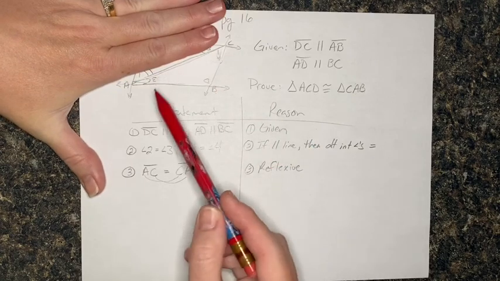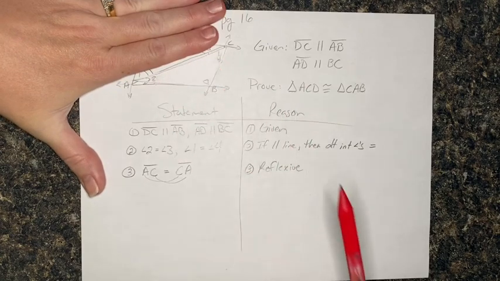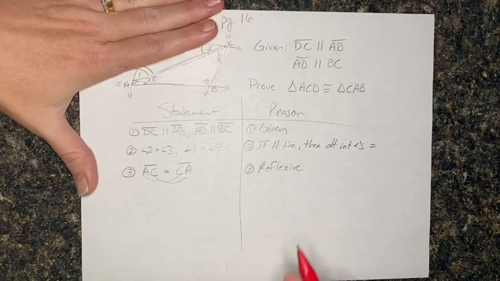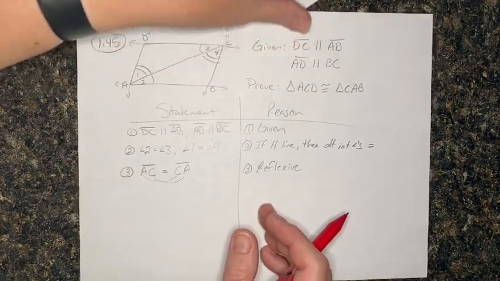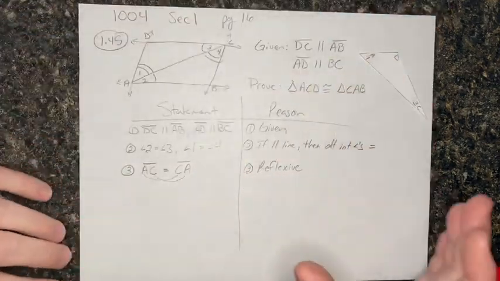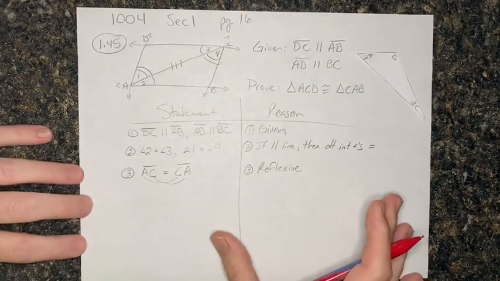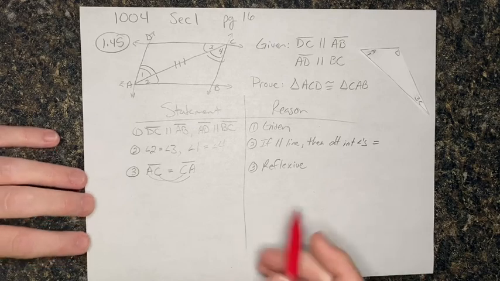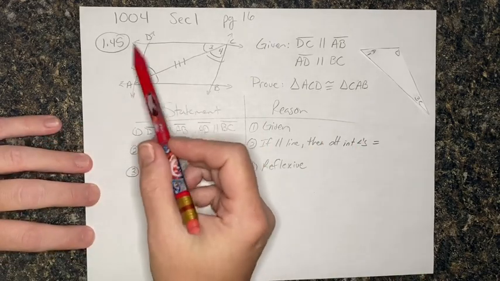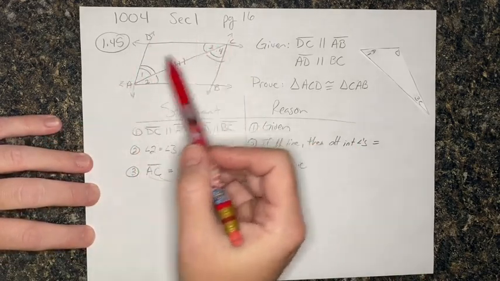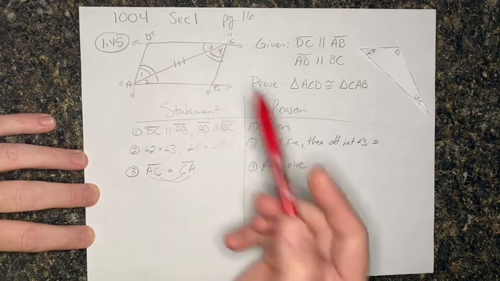AC corresponds with CA. Okay, it's very important. That's why I said if you need to cut out a drawing like I did, then by all means do so. All right, so I like to mark my reflexives with 3 lines. And there we go. We're walking around this triangle now, this upper portion. What do we have? We have angle, side, angle.